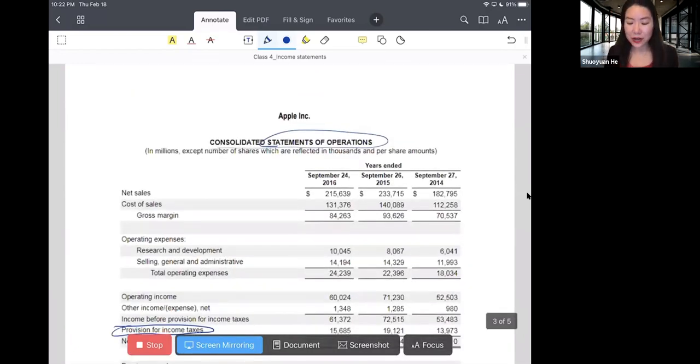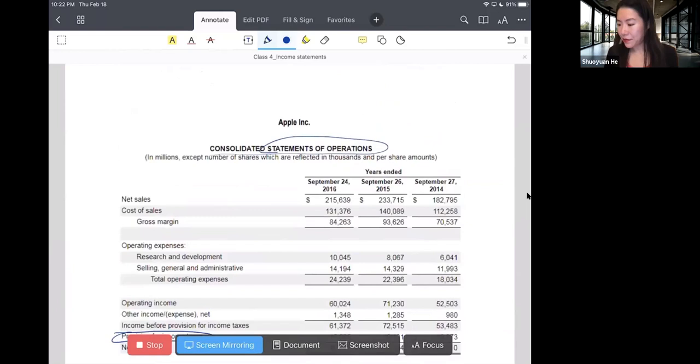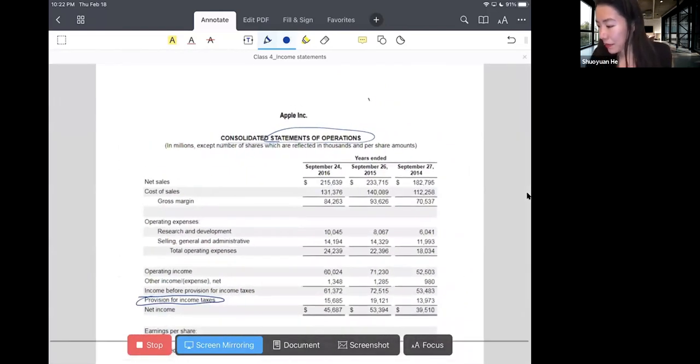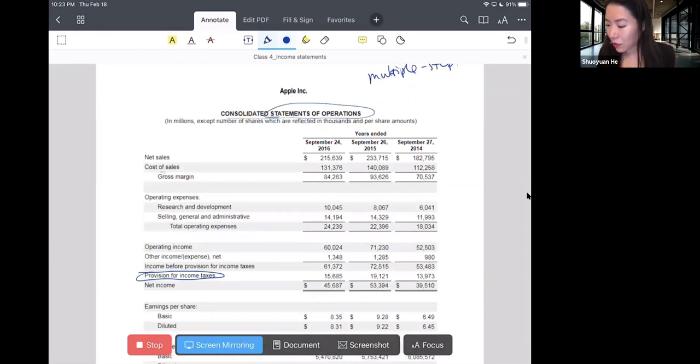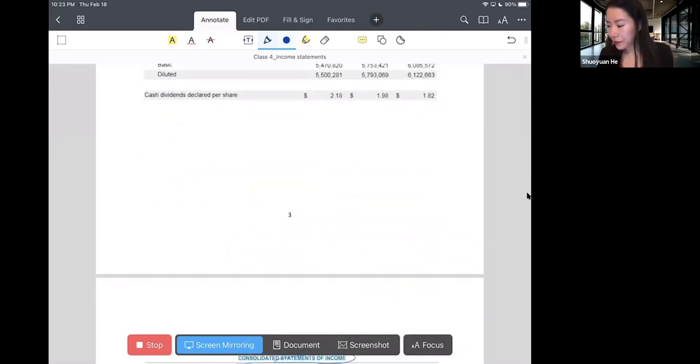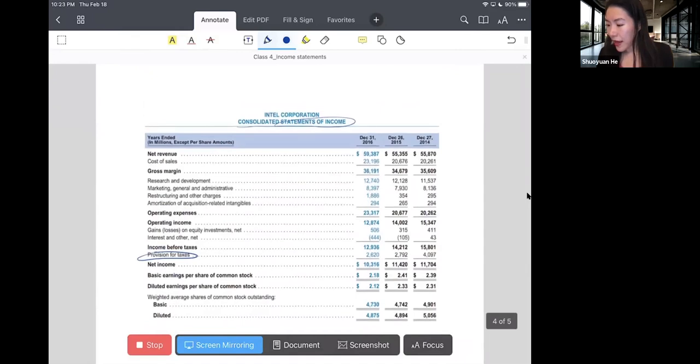Apple, is it using single step or multiple step? Apple is using multiple step. So why? Gross margin here. Operating income. So those are characteristic of the multiple step. Intel, single step or multiple step?